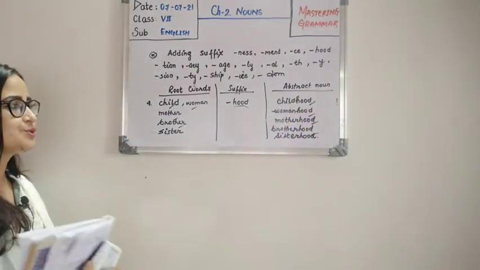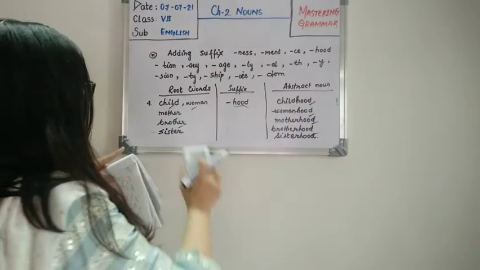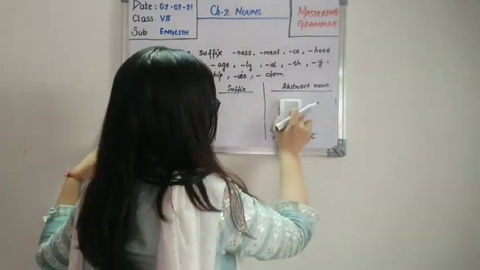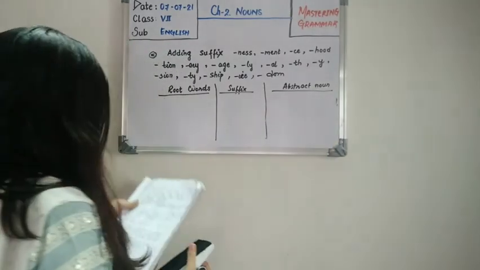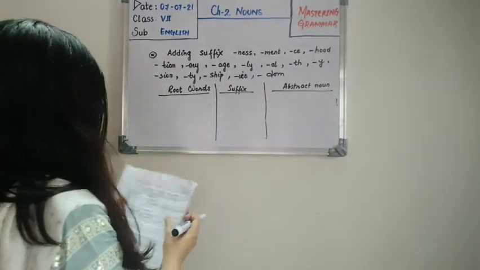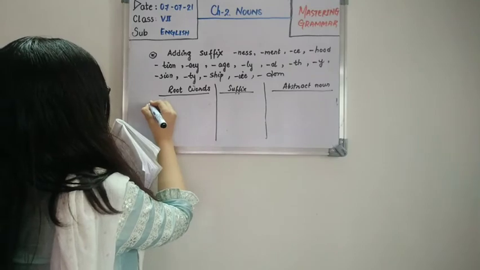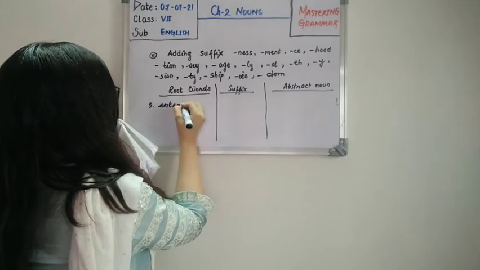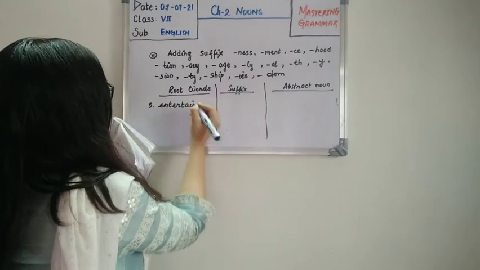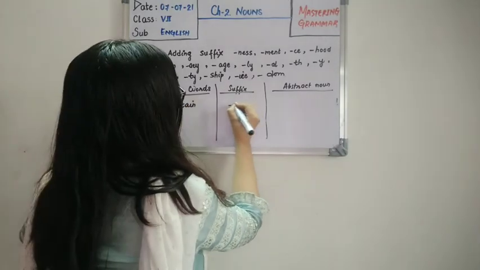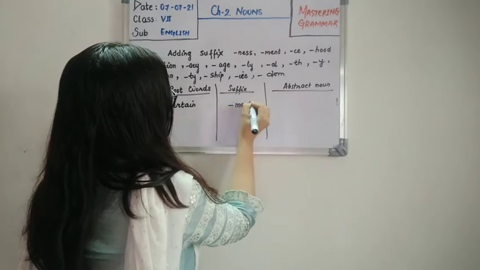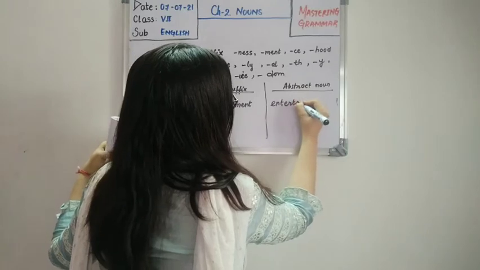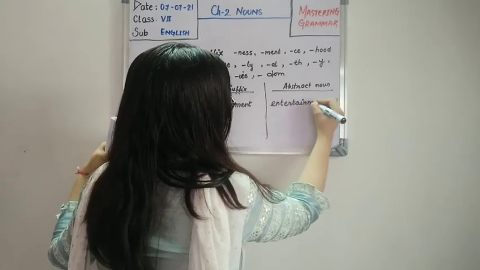Now children, moving to another word. Entertain. Entertain is a verb. Number 5, entertain is a verb. Entertain your guest means look after your guest, take care of them. So entertain with MENT becomes what? Entertainment. So this becomes an abstract noun, entertainment.